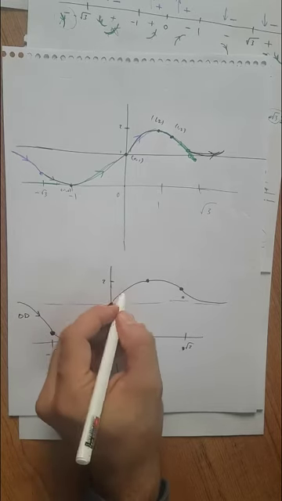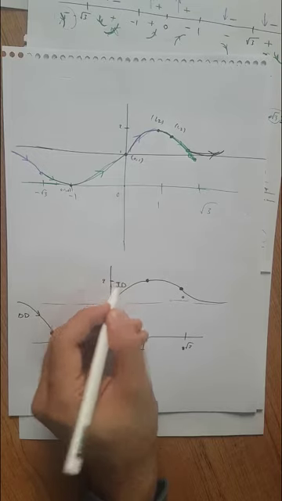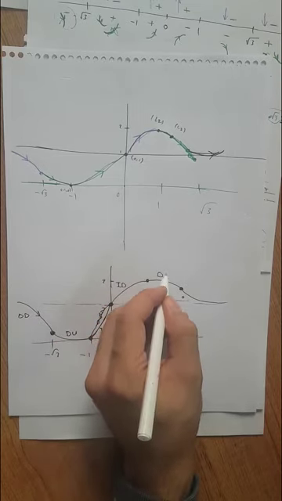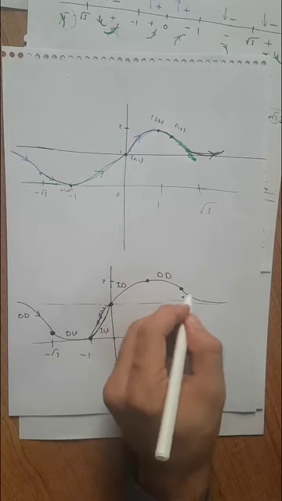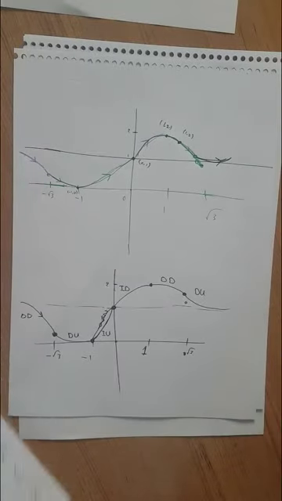How about this? Increase but concave down. How about this? Decrease, concave down. How about this? Decrease, concave up. You can see all the things happen here. That's all that I say you need to be careful about.